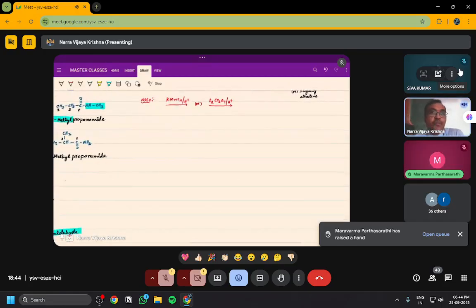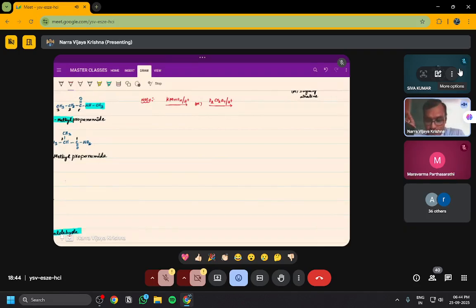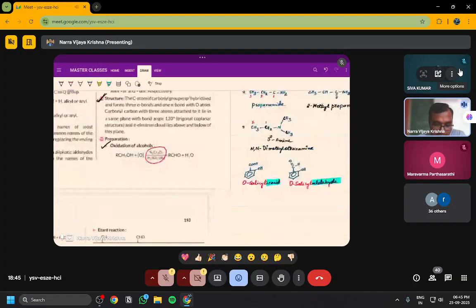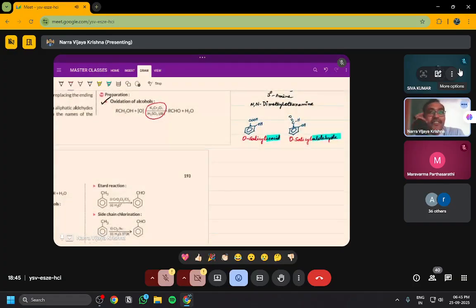Now, KMnO4 in presence of H plus or K2Cr2O7 in presence of H plus: generally, these two are considered strong oxidizing agents. Why am I mentioning them specially? The reason is this reaction they have shown is wrong. K2Cr2O7 in acid is a good oxidizing agent, so the reaction will not stop at aldehyde.